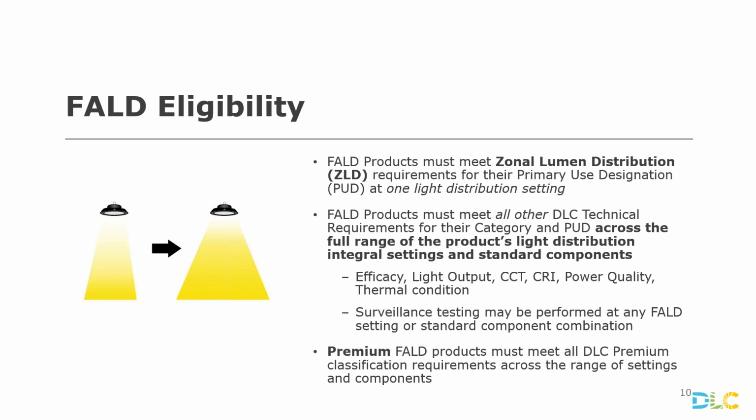If your market demands a high bay, to give a bizarre example perhaps, that is capable of focusing all its light at one point directly underneath it, in addition it would be capable of a more typical high bay light distribution, then that product is eligible for listing. It would meet the zonal lumen distribution at one light distribution setting, and it would be capable of a light distribution setting that was something else entirely.